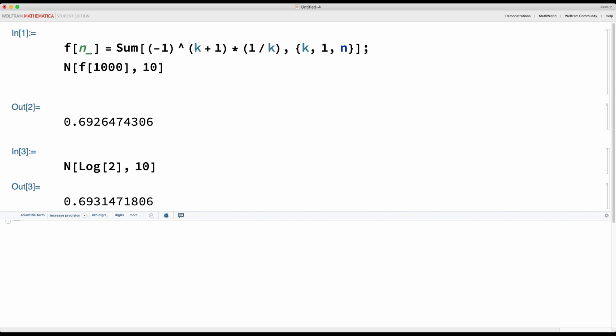Okay. All right. So there's a theorem, and it's the alternating series test.